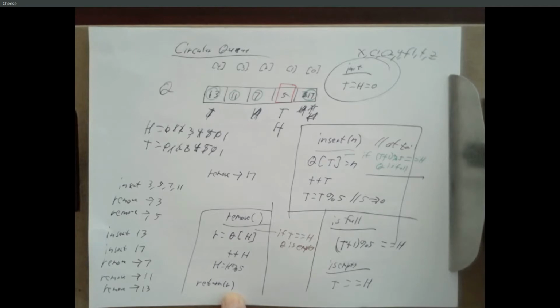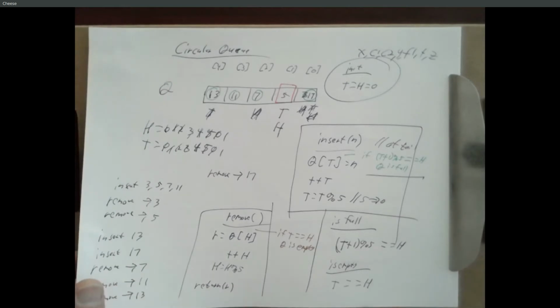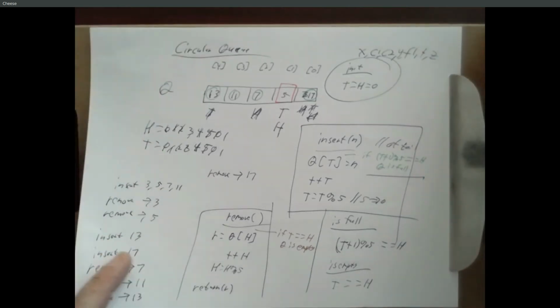That does no harm, but there's no need for it either. As long as tail and head are equal to each other, you know the queue is empty. But sometimes I've seen people, when they realize the queue is empty, set tail and head back to 0 for some reason. It doesn't hurt, but it changes things.